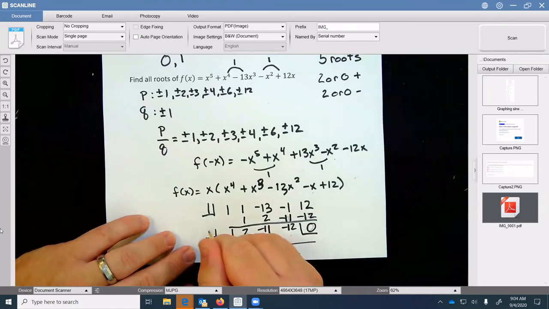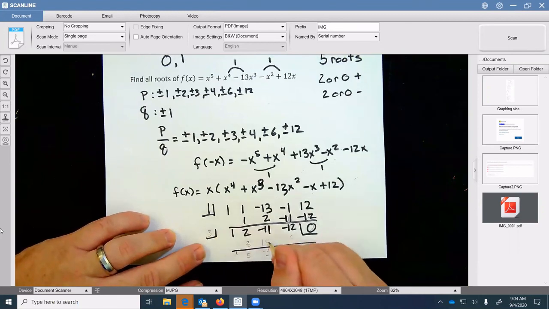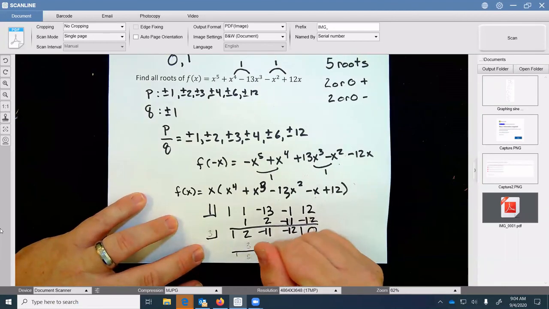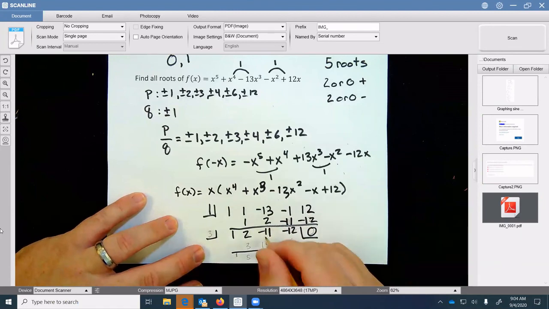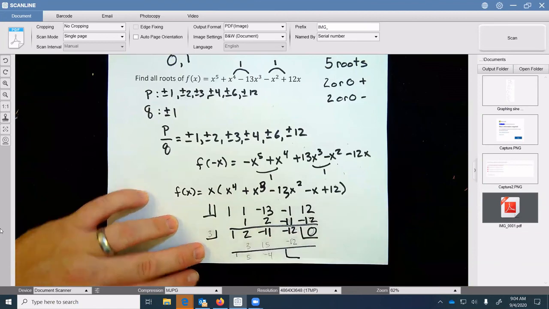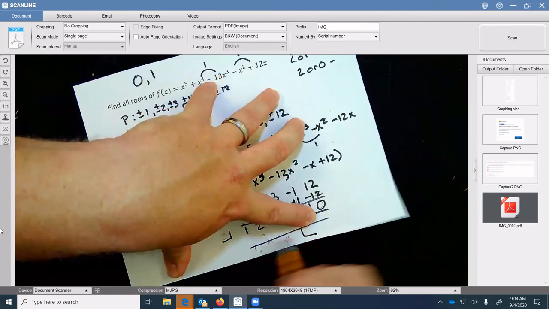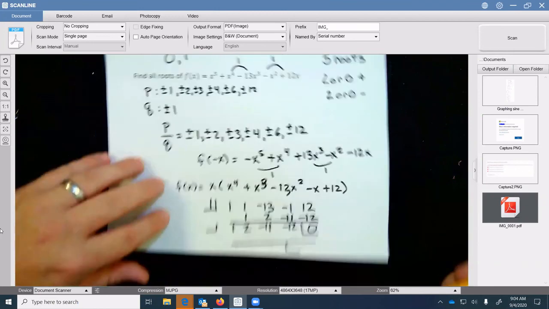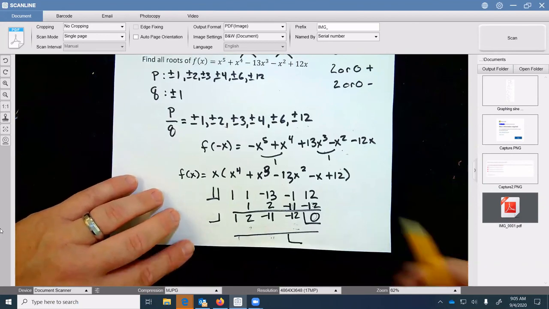Try 3. 1, 3, 5, 15. Right? 1, 5, 15, negative 4, negative 12. Nope, that didn't work either. Oh, did I?